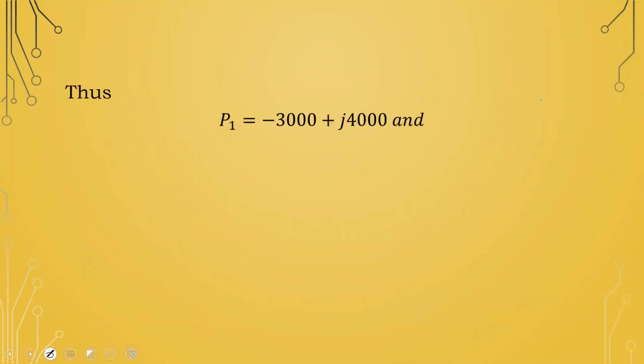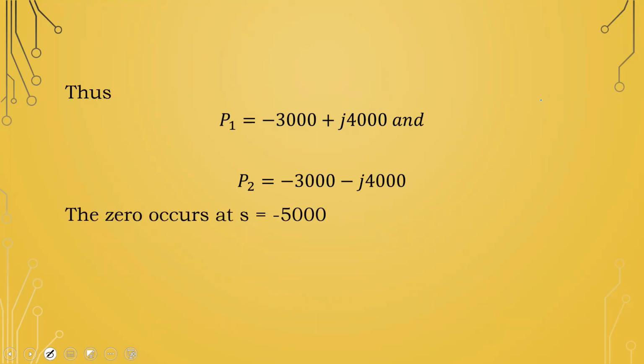Which gives us values of P1 and P2. Of course, your zero will occur at S equal minus 5,000.